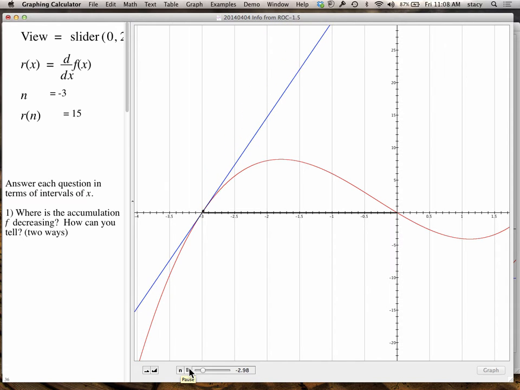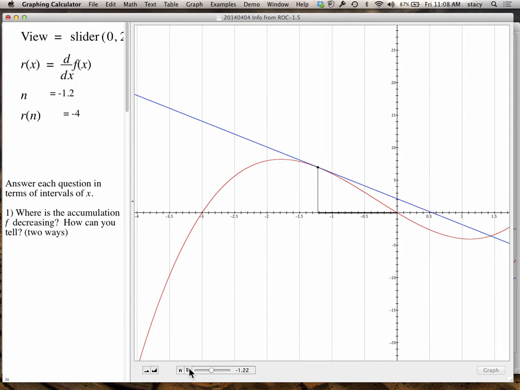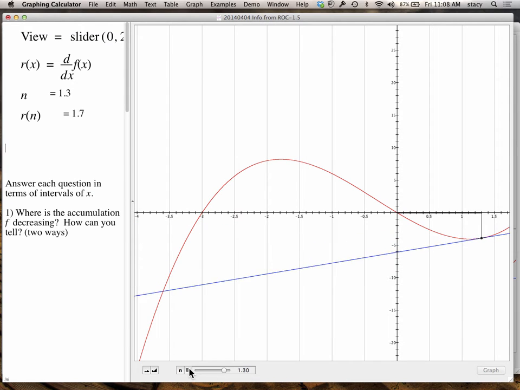All right, what you got? Okay, anywhere the rate of change function is negative, F is decreasing. Do you buy it? That's the calculus way to tell. What's the other way?